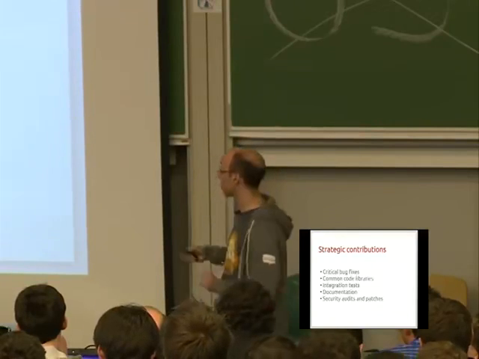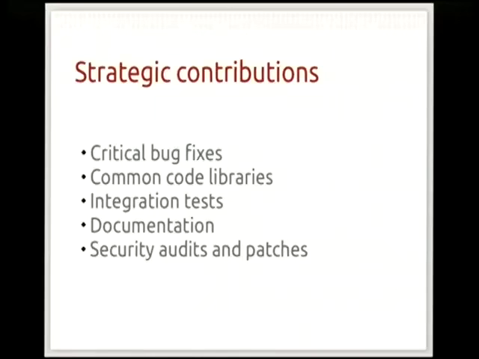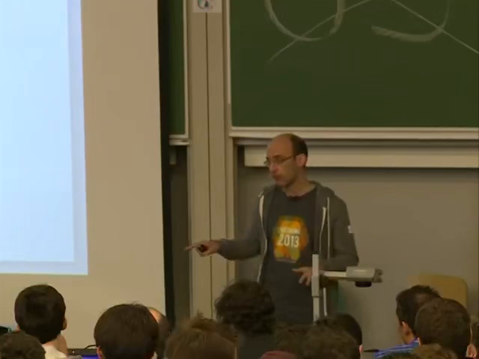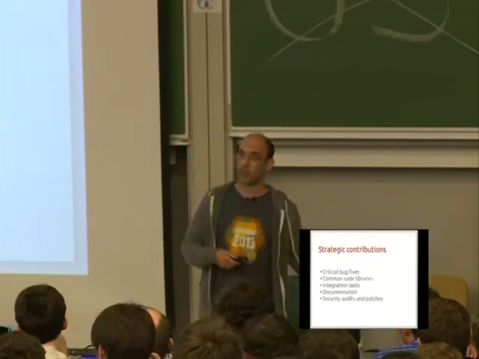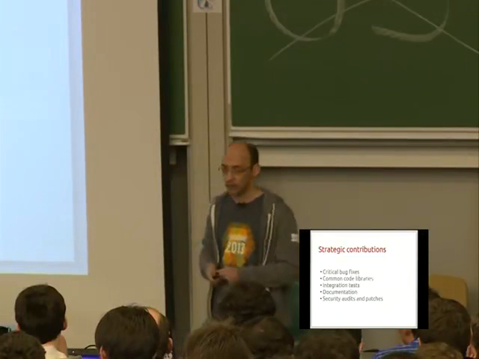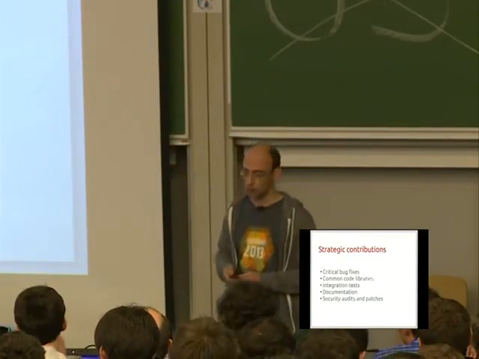Whereas strategic contributions are critical bug fixes. We sometimes have critical bug fixes, especially some of them blocking our continuous integration automation. We need people willing to tackle those hard issues and fix them. That's what I would call strategic contribution.